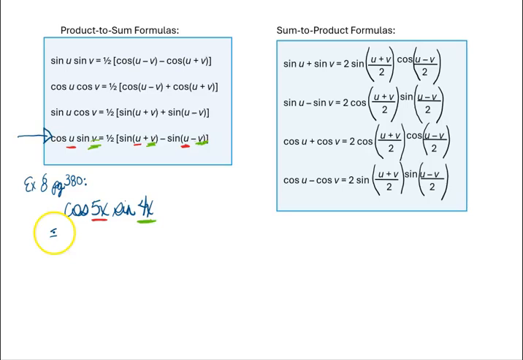So I'm going to rewrite this as 1/2 times sine of 5x plus 4x, minus the sine of 5x minus 4x.